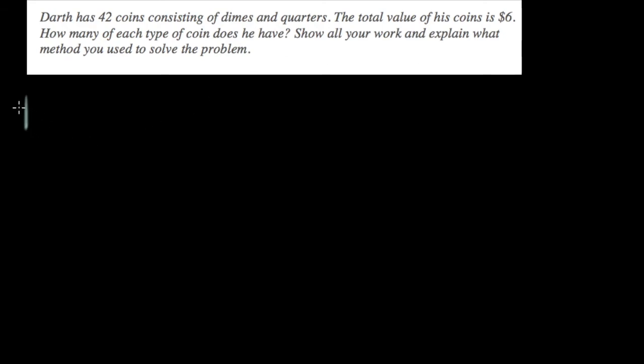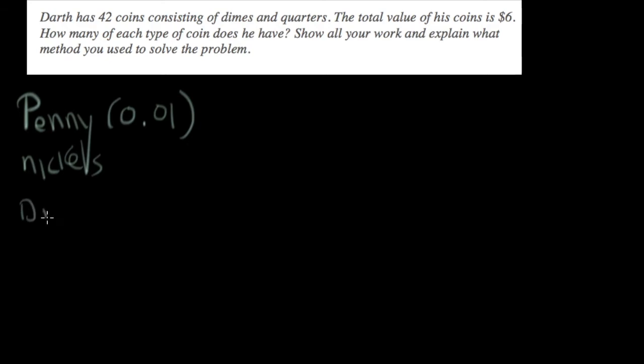We need to know things about money, and we're going to use the North American terms. So a penny as a decimal is 0.01. We have nickels, dimes, and quarters. Now, if you're really lucky and you have a Canadian teacher, you have things called loonies. And I kid you not, you have things called toonies.